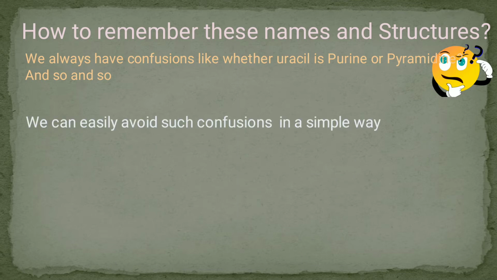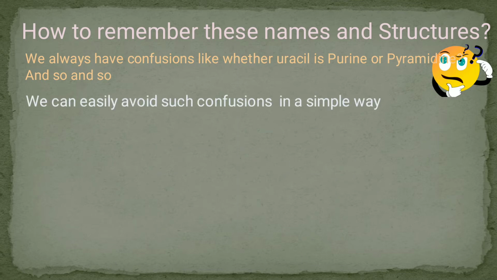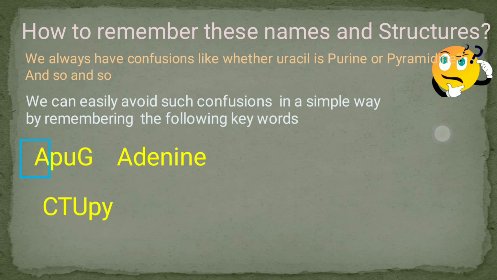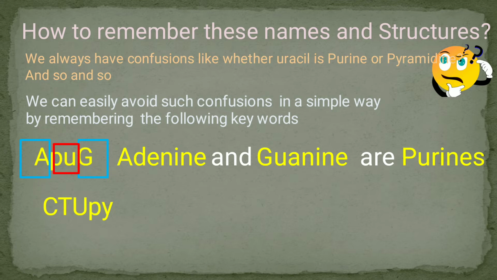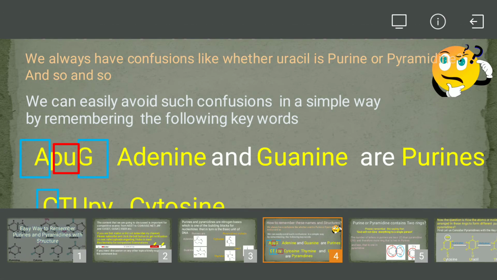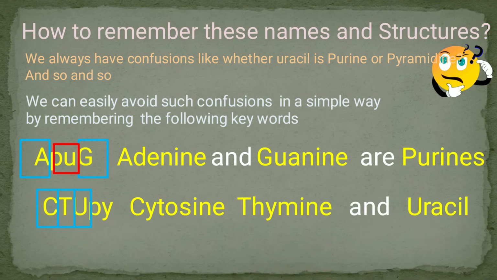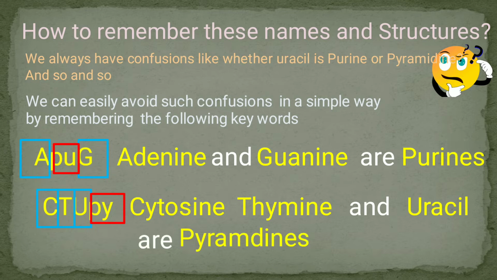So that is the first confusion. We can easily avoid it in a simple way by remembering the following keywords: APUG and CTP. Don't get confused. APUG stands for adenine and guanine are purines, and CTP stands for cytosine, thymine and uracil are pyrimidines.